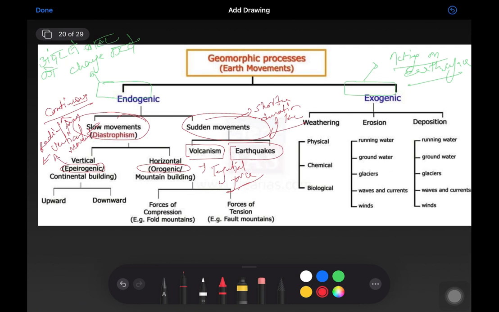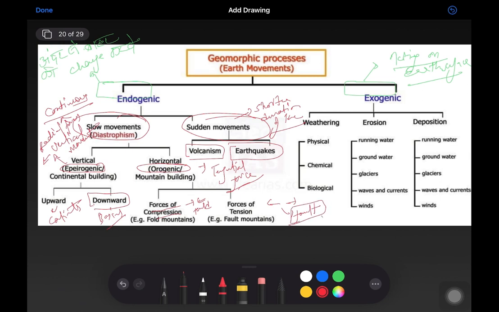Epirogeny upward results in formation of continents, while downward epirogeny resulted into the formation of basins. And this mountain building force are of two types: force of compression and force of tension. Force of compression result into fold mountains, while force of tension result into the creation of fault.